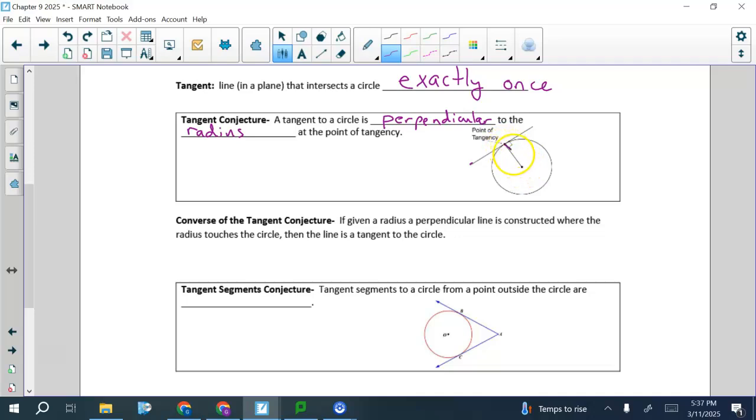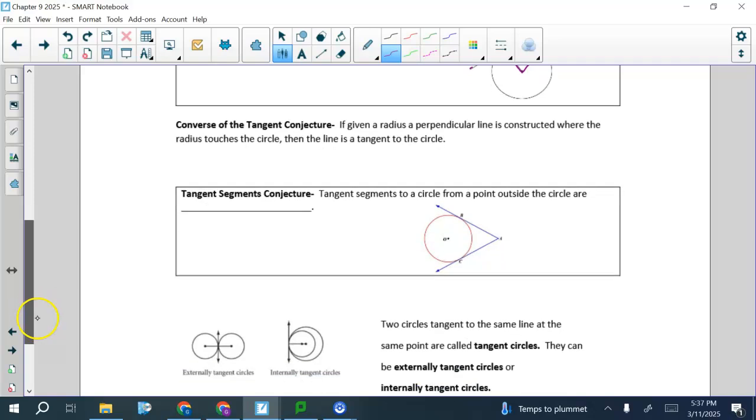It is tangent to the circle, and it's going to make a right angle with the radius at that point of tangency. How's that going to help us? Well, now we're going to have some right triangles and be able to use the Pythagorean theorem to find some missing sides. The converse of the tangent conjecture says if, at the end of a given radius, a perpendicular line is constructed where the radius touches the circle, then the line is tangent to the circle.